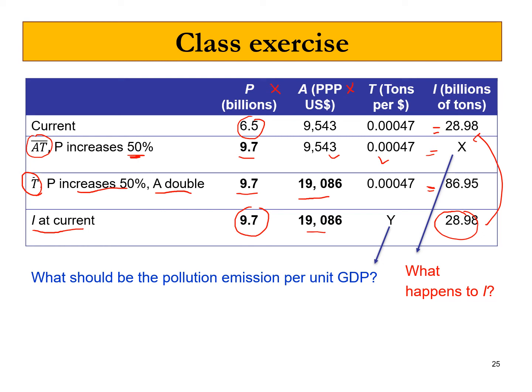What is the value for our T? Since the population and the affluence have increased, and we want to make sure that our environmental impact, the I, maintains the original value, definitely your technology should decrease to make sure that you get the initial value of the impact. You can just compute it at home.